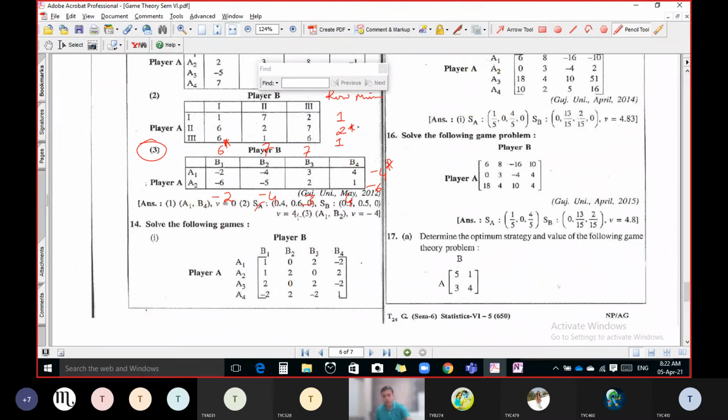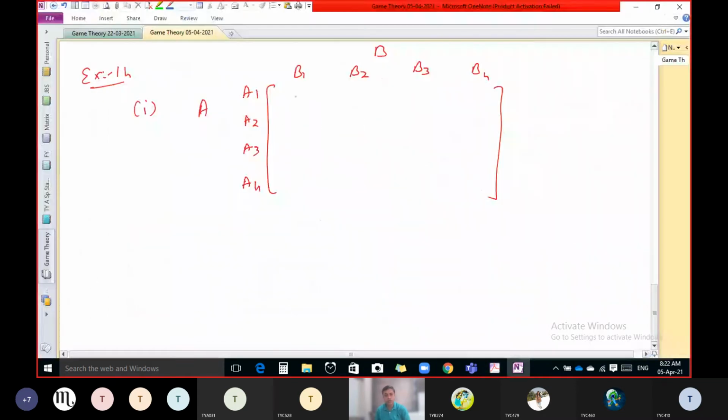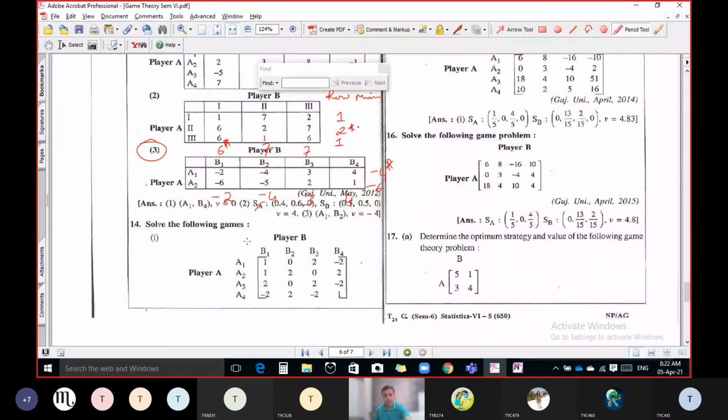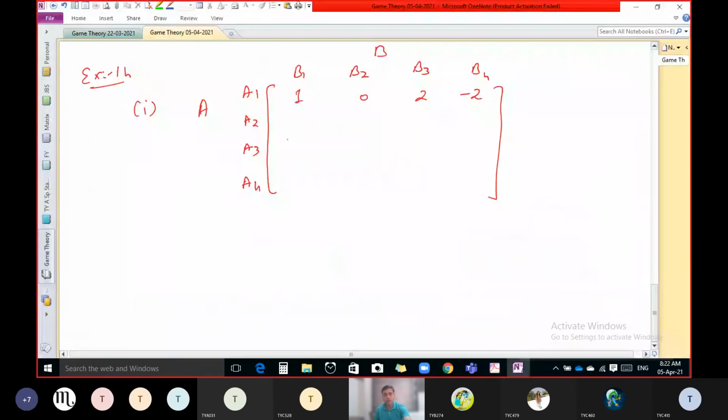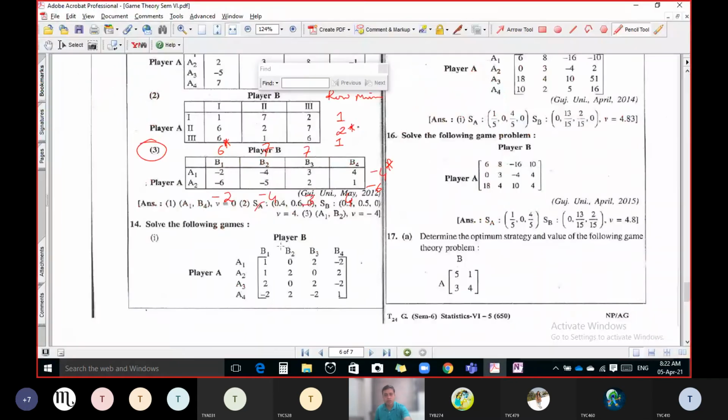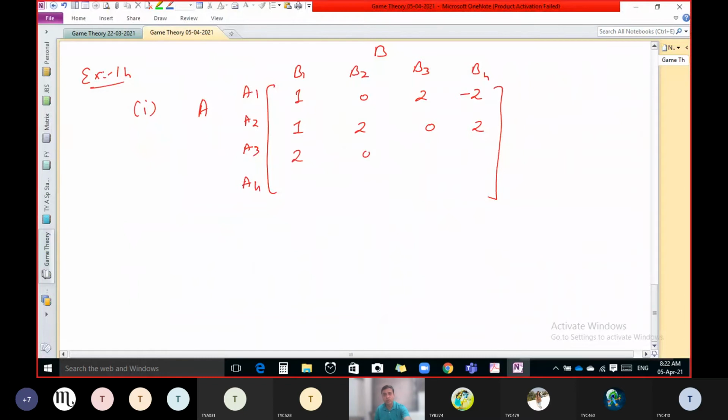The first row, 1, 0, 2, -2. Second row, 1, 2, 0, 2. Third row, 2, 0, 2, -2. And -2, 2, -2, 1.